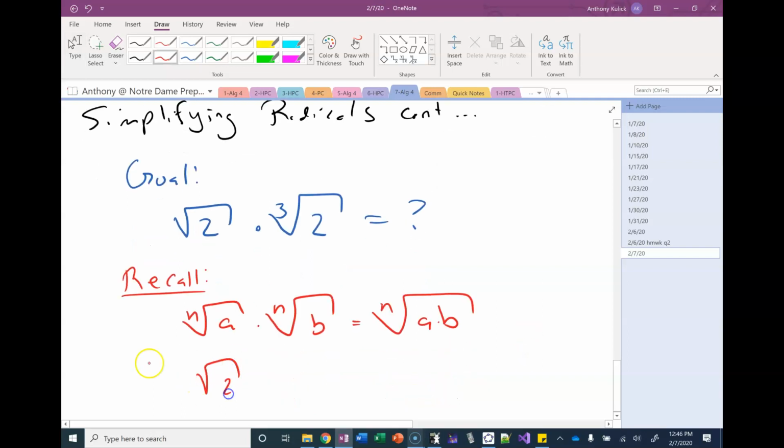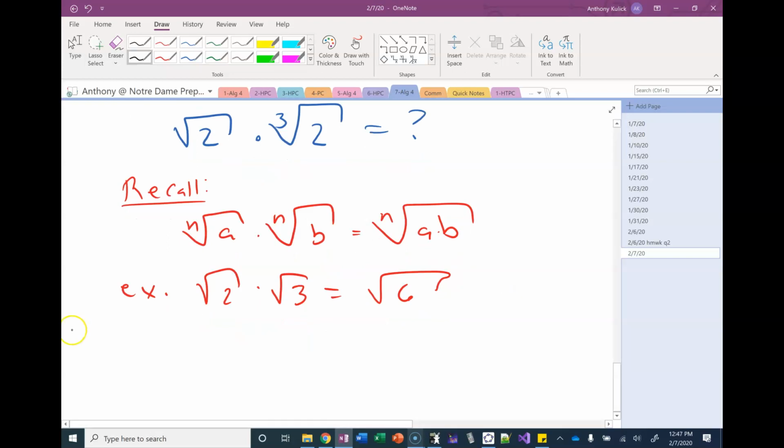If I have the square root of 2 times the square root of 3, that's the square root of 6. Right? We've dealt with that already. That's not how things are going to work in the square root 2 times a cube root 2. We're going to need a new plan on that one.